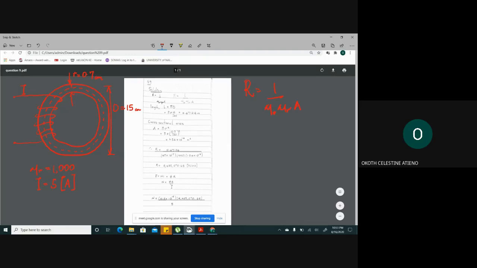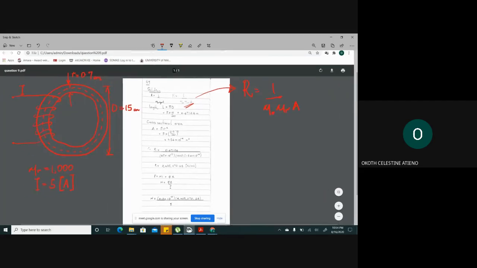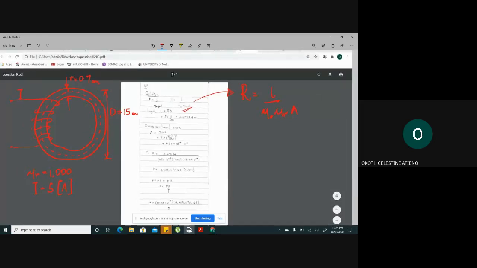So first, if you remember your formula for reluctance, I've come to write it here. It is 1 over mu naught mu r times area, with length on top. I hope you don't confuse. Length is actually like the circumference of this particular toroid.